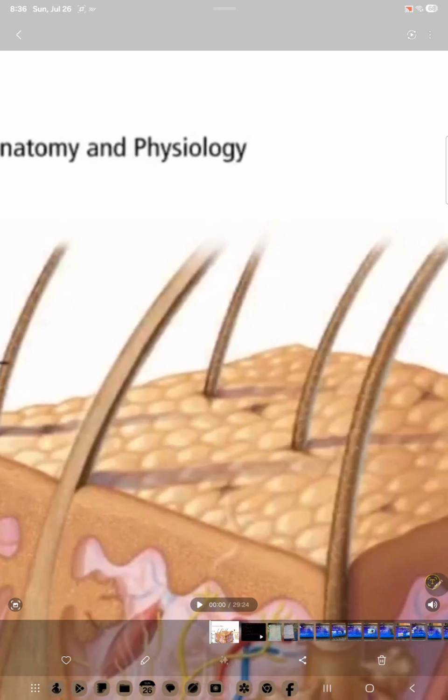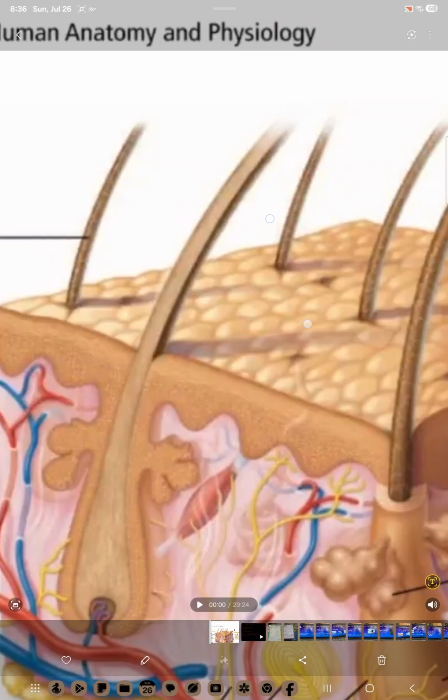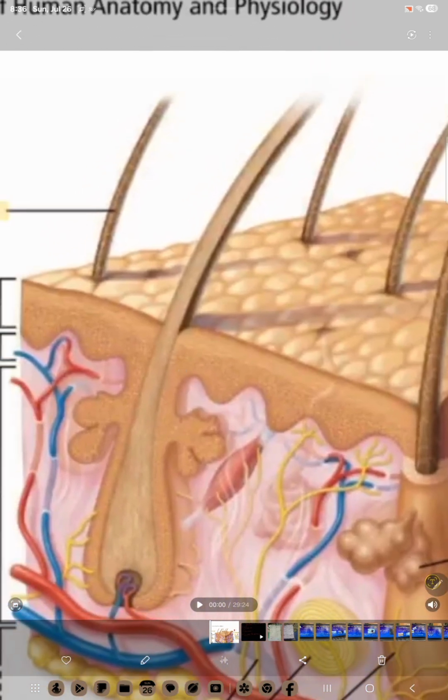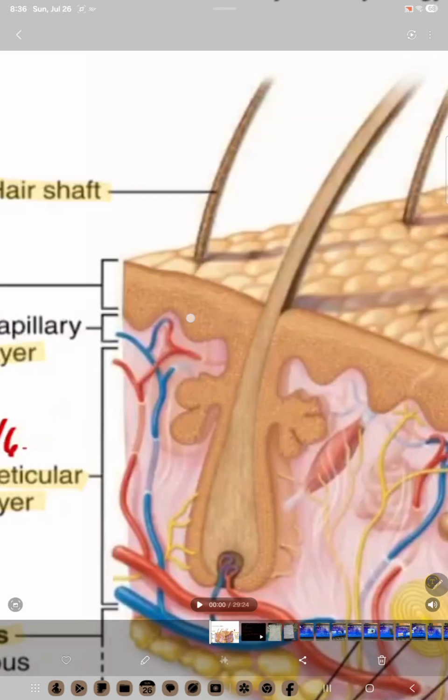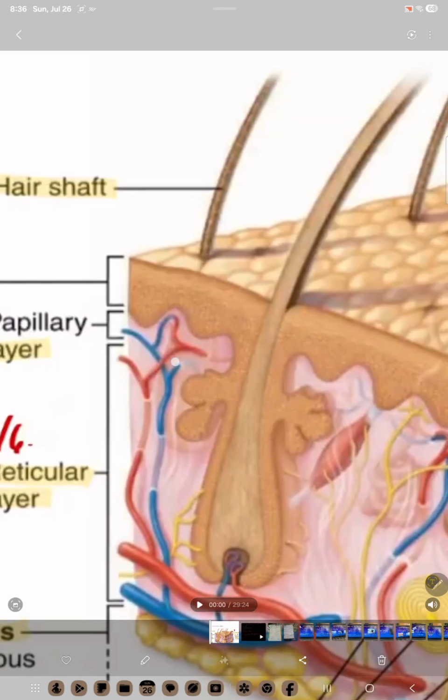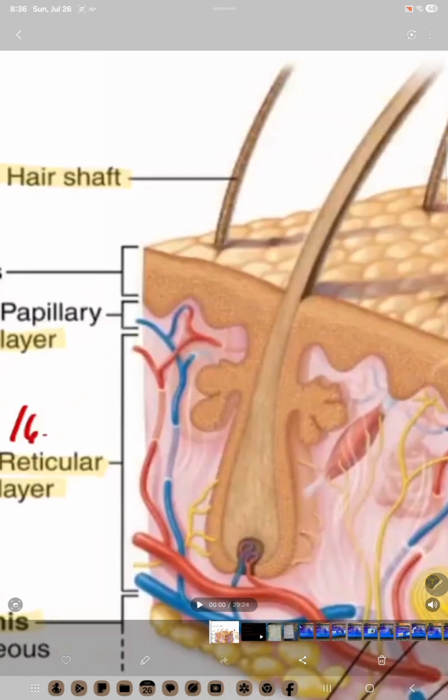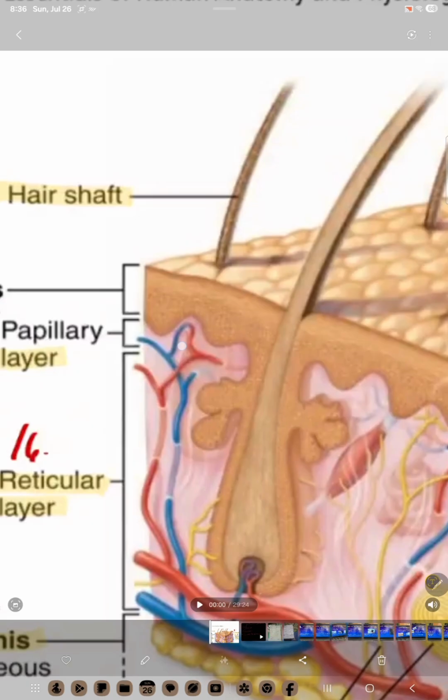Then if it is a second degree burn, the injury reaches the epidermis and extends deeper, beyond the superficial layer of the epidermis.